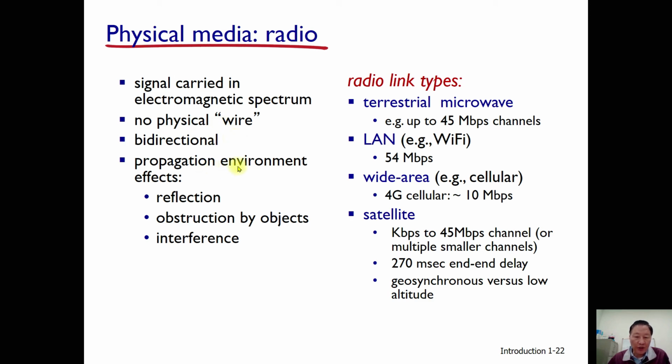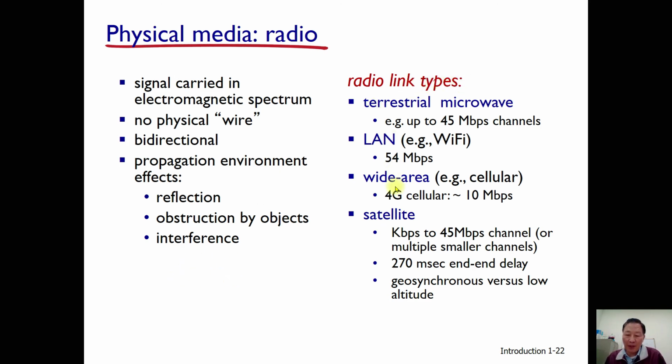And propagation environment effects: this one is being reflected, because the radio signal is like light. That will be reflected, and there is obstruction by objects, and there may be some interference. Thus, this one is not immune to noise, and is not strong enough in terms of noise immunity.